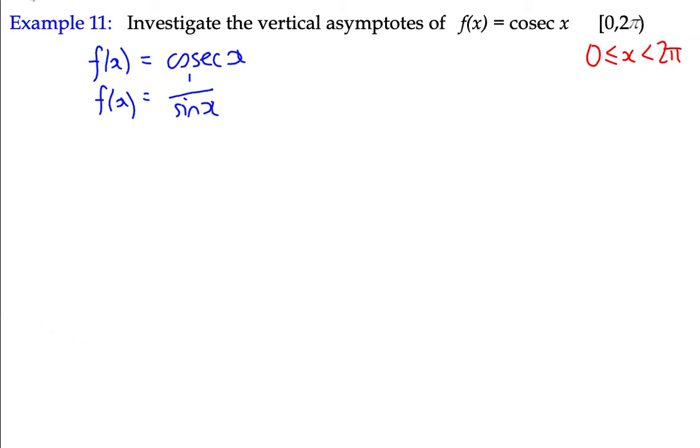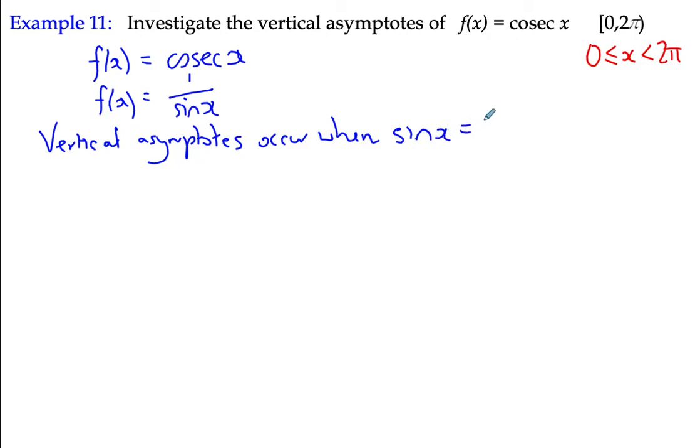We make the statement that the vertical asymptotes are going to occur when the denominator is equal to 0. In this case, sine x equals 0, and we can solve that fairly easily.